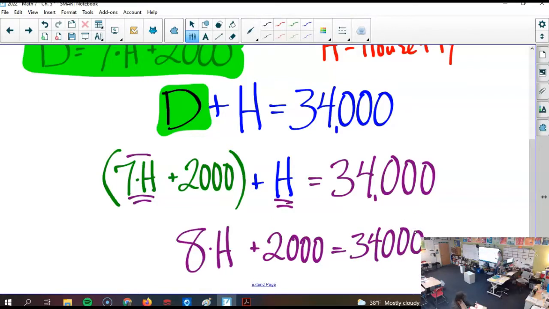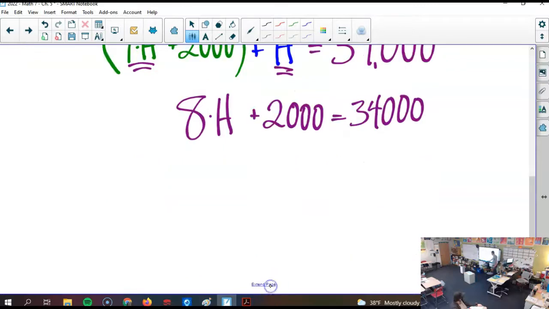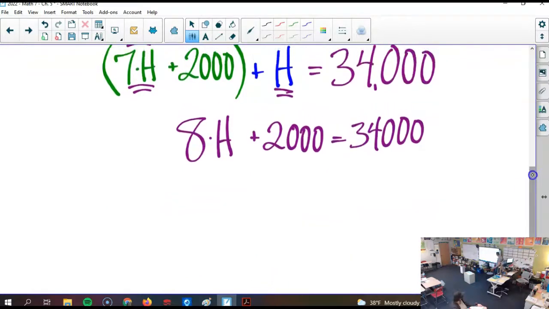Remember, I cannot put the 2000 with the 34,000 because they're on different sides. So now, Kylie, what do I do next? I've got 8H plus 2,000 equals 34,000. It's step 4 on our handout or up on the whiteboard. Then you would do 32,000 minus 2.